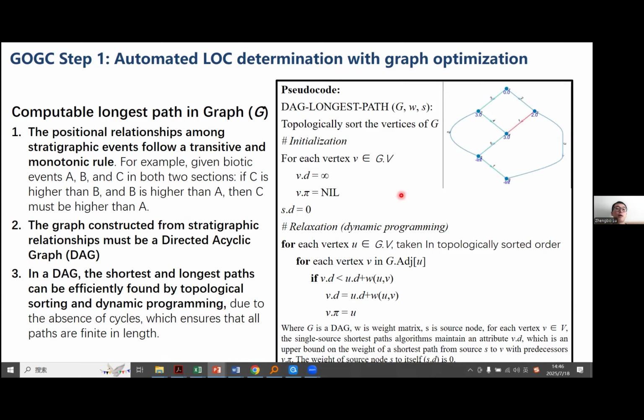For example, given biotic events A, B, and C in both sections, if event C is higher than B, and B is higher than A, then we can imply that C must be higher than A. And the graph constructed based on these relationships should be a directed acyclic graph, a DAG. For a DAG, the shortest and the longest path can be efficiently found by topological sorting and dynamic programming, as shown by the serial codes on the right.